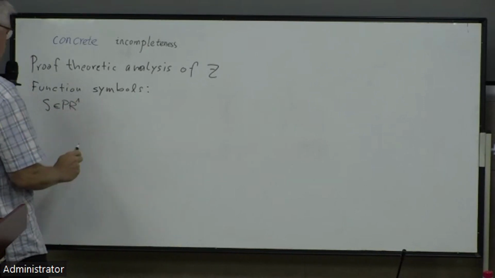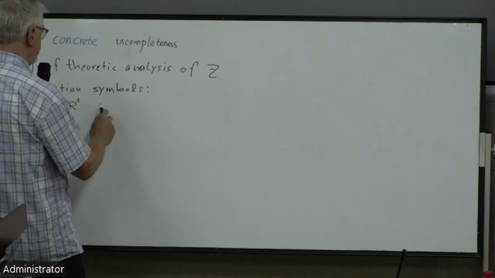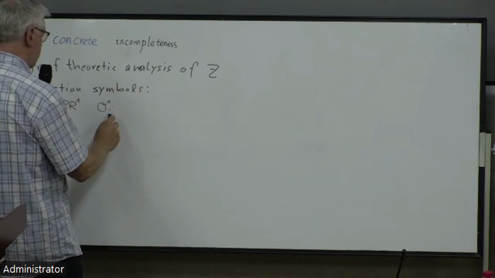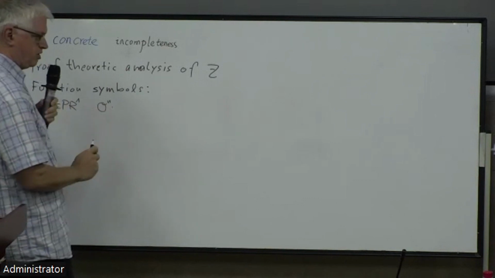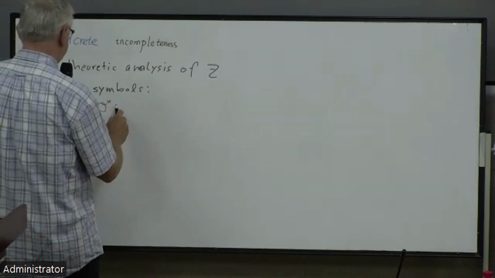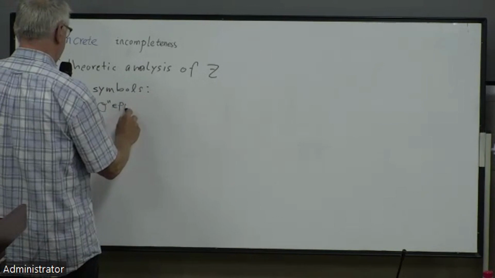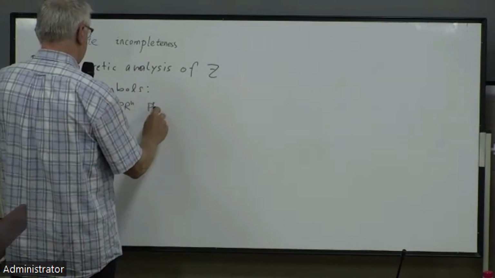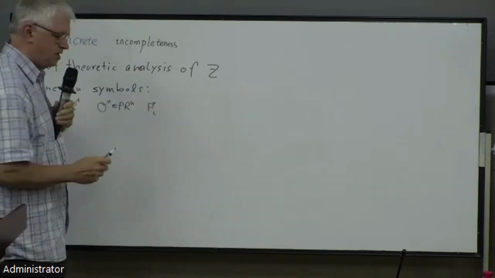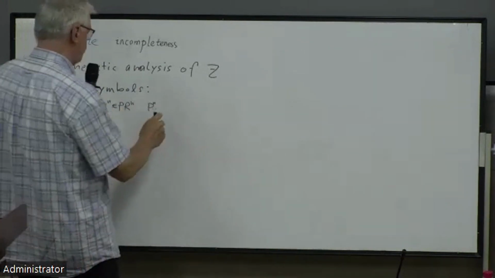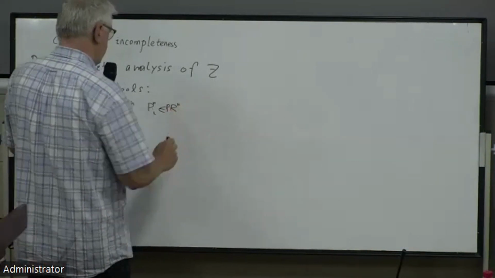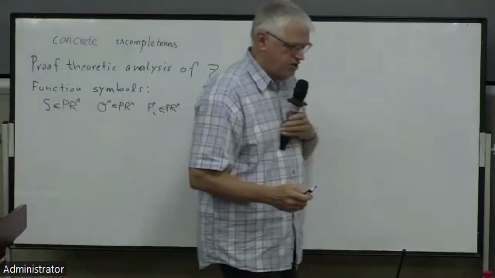It's a unary function. Then I have the function symbol for the n-ary zero function, the constant zero function. I have a function symbol for the projection functions, mapping an n-tuple on the ith coordinate. So PR_n means primitive recursive function symbols of arity n.